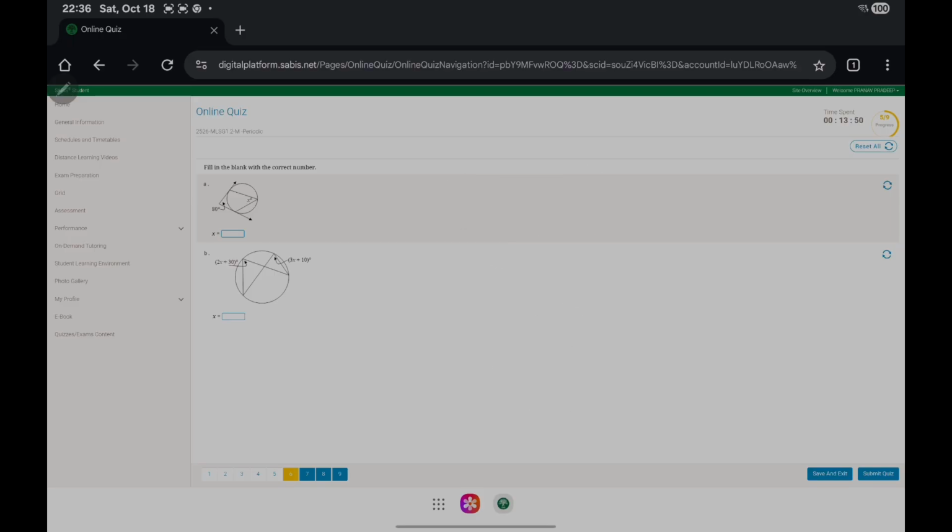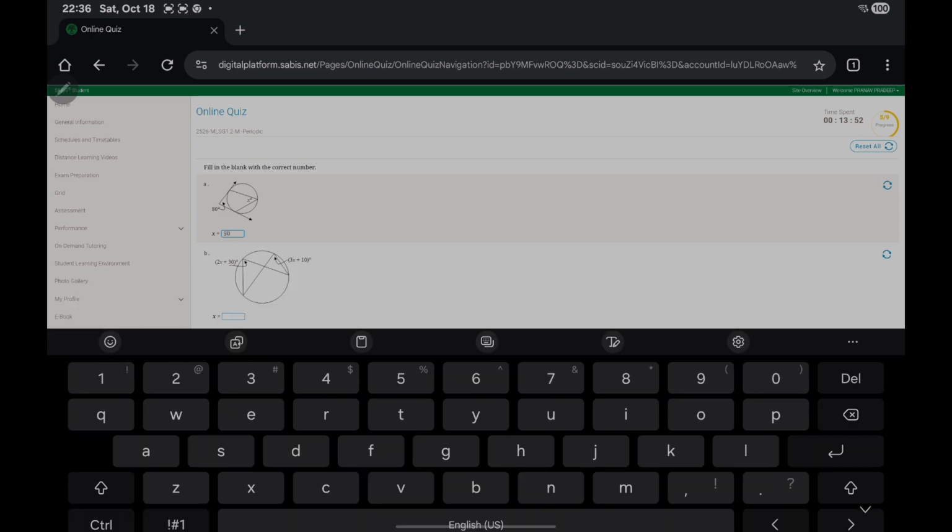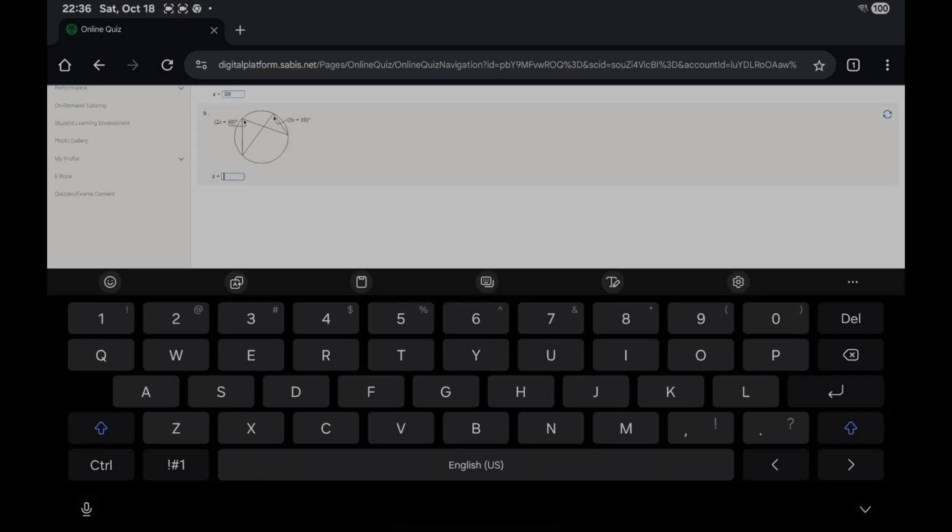Okay. So x is 50, and now here we apply the same. We know that these two are congruent, so just write the equation as 2x plus 30 equals 3x plus 10. And get x equals 20.